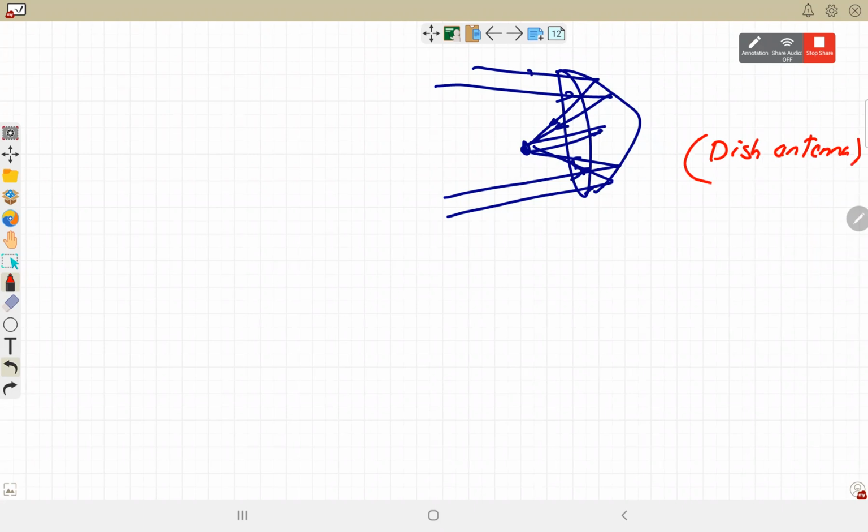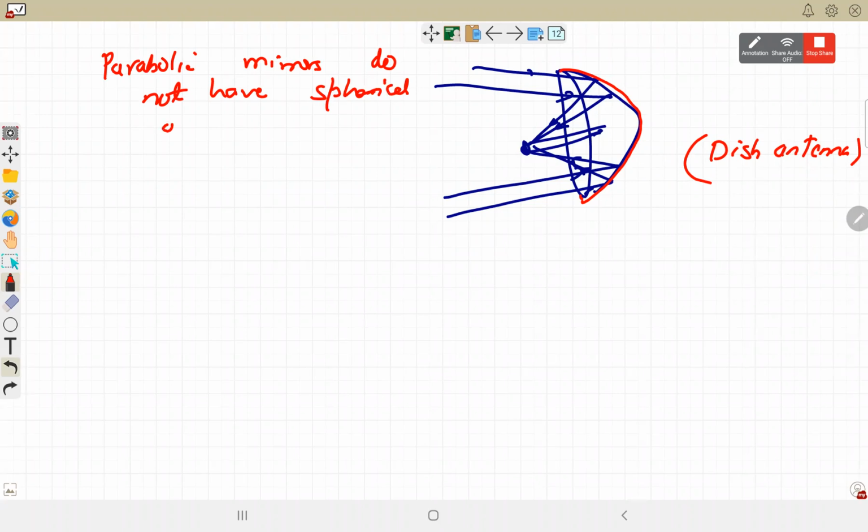It is also called a dish type antenna, which we use for TV and all. There the mirror is reflecting light or other signals coming from all directions, all angles. So for this we use a parabolic mirror, because parabolic mirrors do not have what? Spherical aberration. Light rays coming from any part of the mirror will always be focused at the same point.